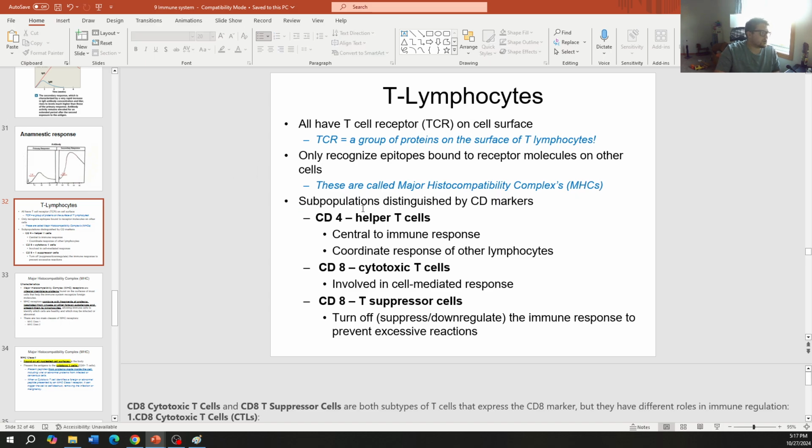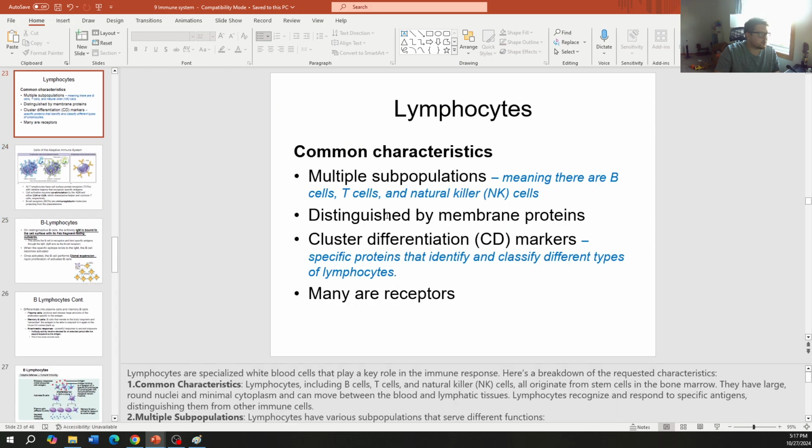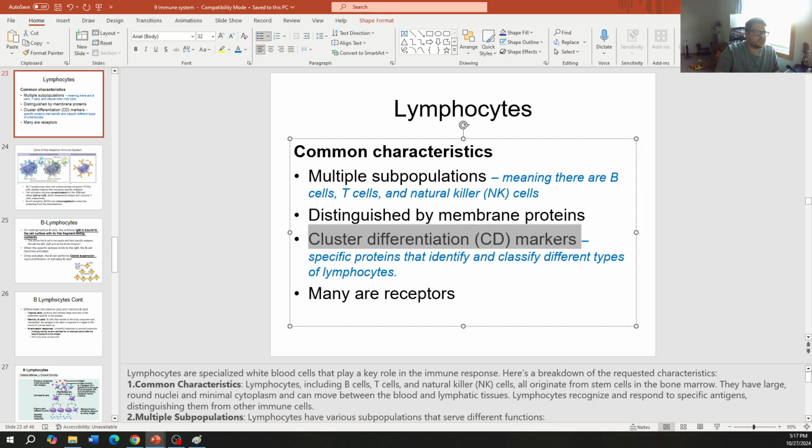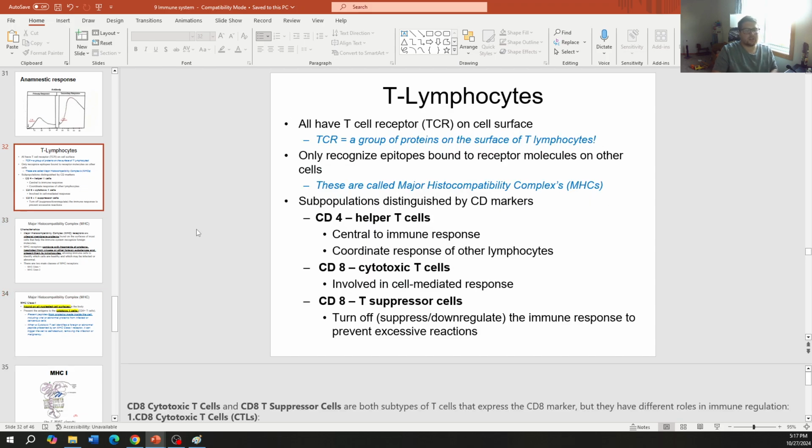Also, just a quick little introduction. We have a couple of different types of T cells. These are not all of the types of T cells. There's a bunch more, but these are the big important ones that we want to remember. We have helper T cells. These are CD4. Remember, CD stands for cluster of differentiation markers, the specific markers that we look at to determine what type of cell this is.